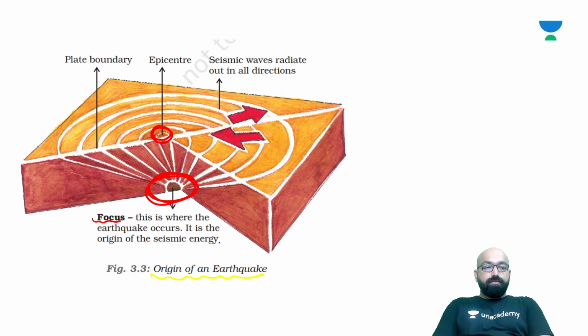This is the epicenter. Vibrations travel outwards from the epicenter as waves, and the greatest damage is usually closest to the epicenter, and the strength of the earthquake decreases away from the center.